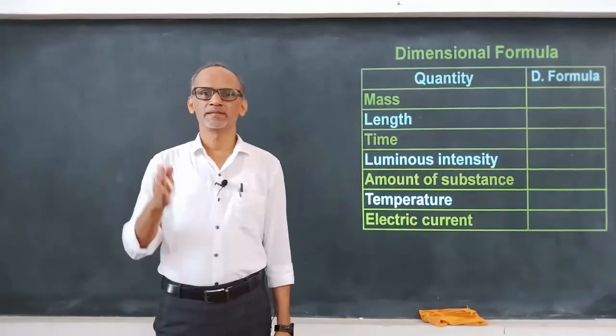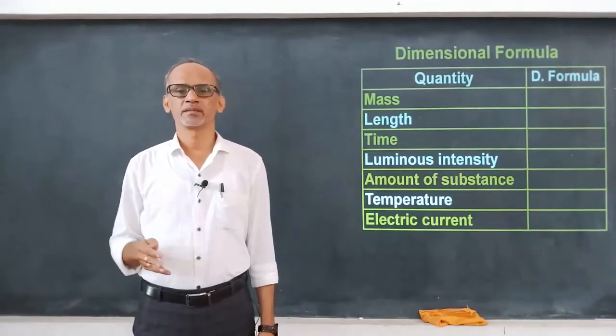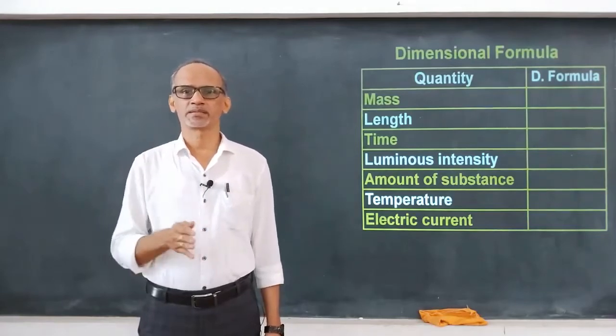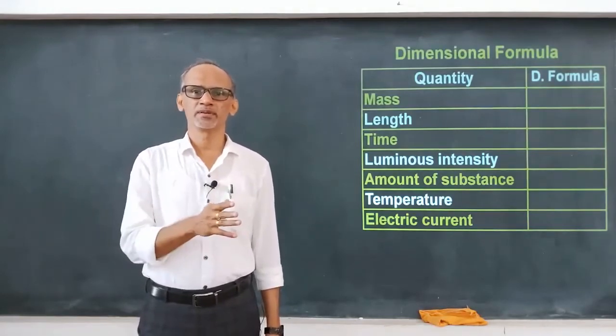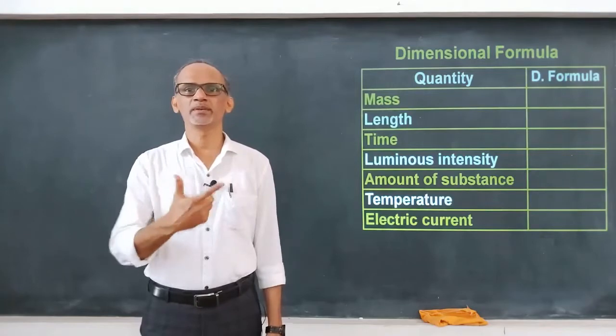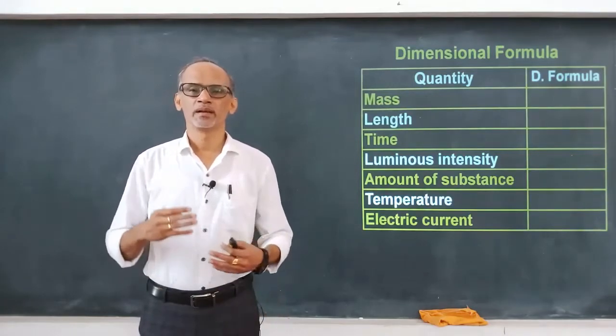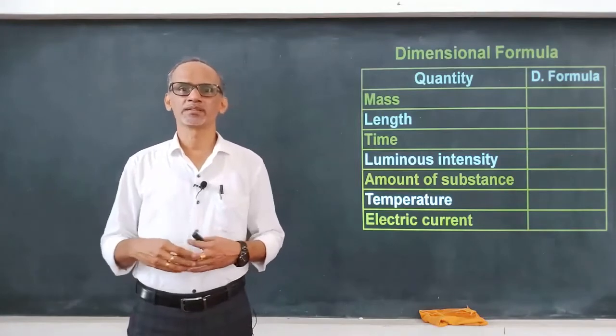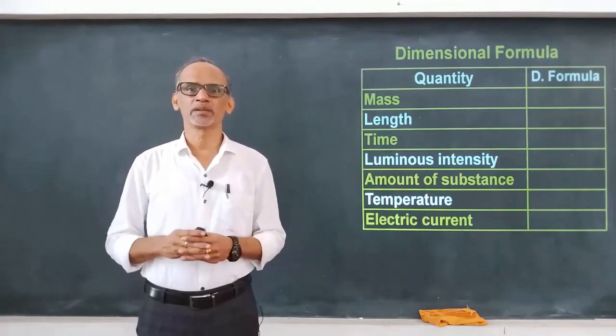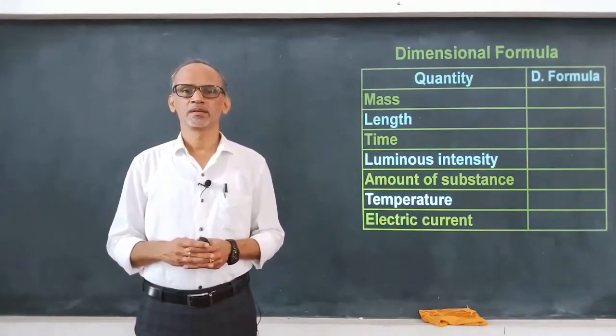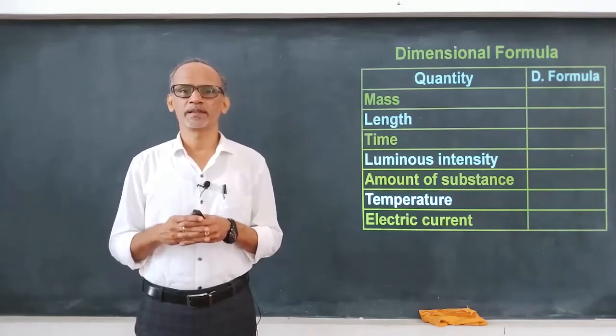Now, these 7 fundamental quantities are expressed in terms of a formula which is called dimensional formula. Now, how to understand that the formula is a dimensional formula? For example, let's start with the term mass. What is the first letter of that word?